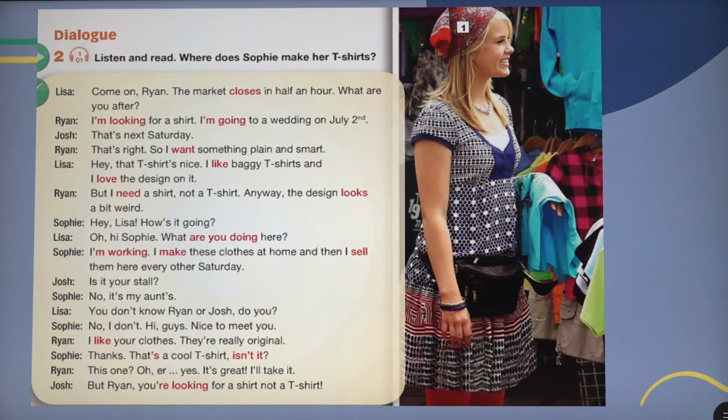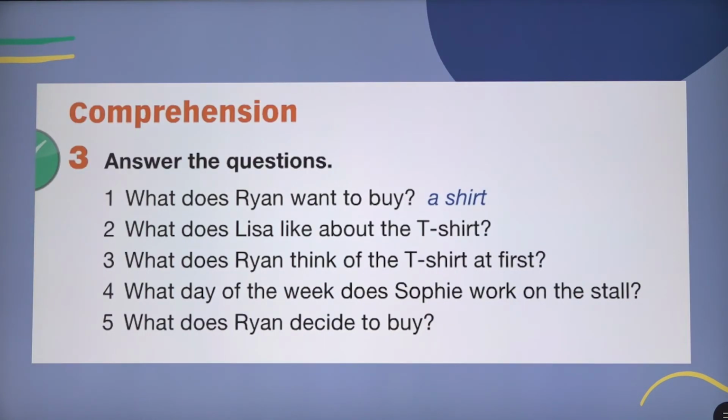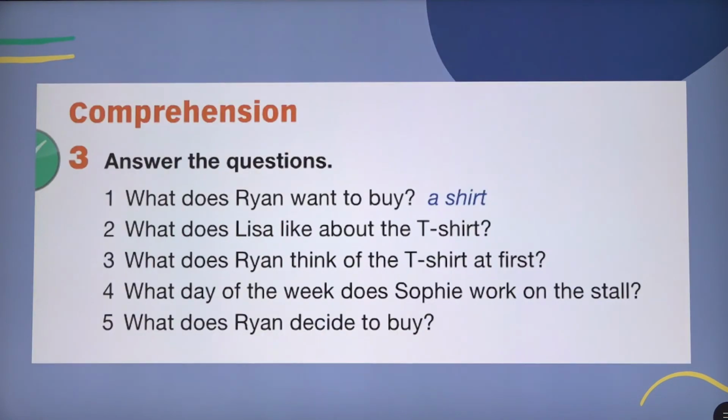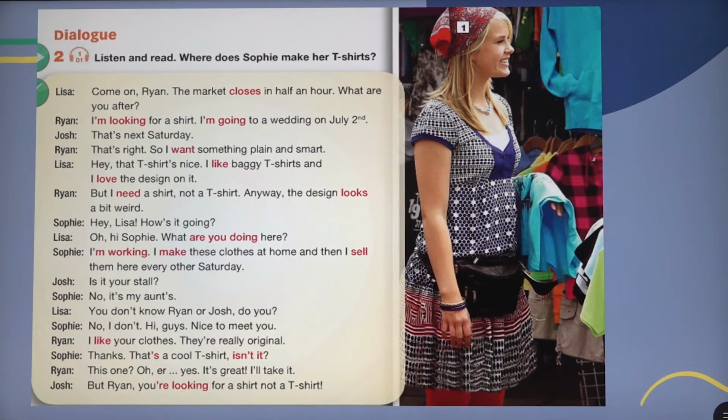Here, Ryan thinks that it looks a bit weird. What day of the week does Sophie work on the stall? Sophie works on the stall every Saturday, where she sells her unique clothes. What does Ryan decide to buy? We'll see that Ryan decides to buy a t-shirt and not a shirt.